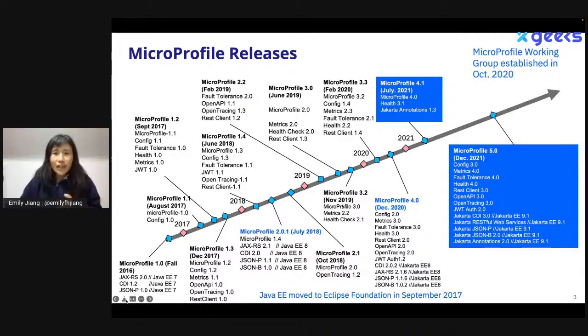Then MicroProfile 4.0 in December was aligned with Jakarta EE 8. And in December last year, we again aligned MicroProfile with Jakarta EE 9.1, because 9.1 has a big migration, a big bang release.